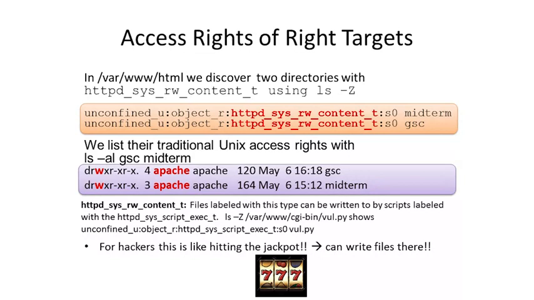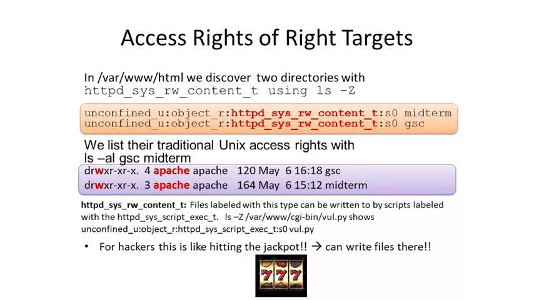In /var/www/html, we discover two directories that have httpd_sys_rw_content_t. RW stands for read and write, and _t stands for type. So that is a token type that allows system scripts to read and write. We also use ls -Z to obtain that.